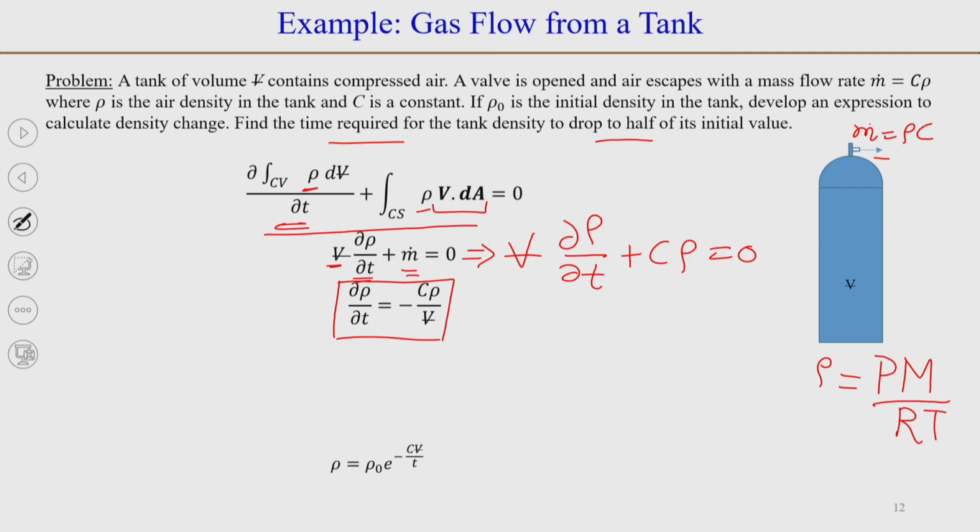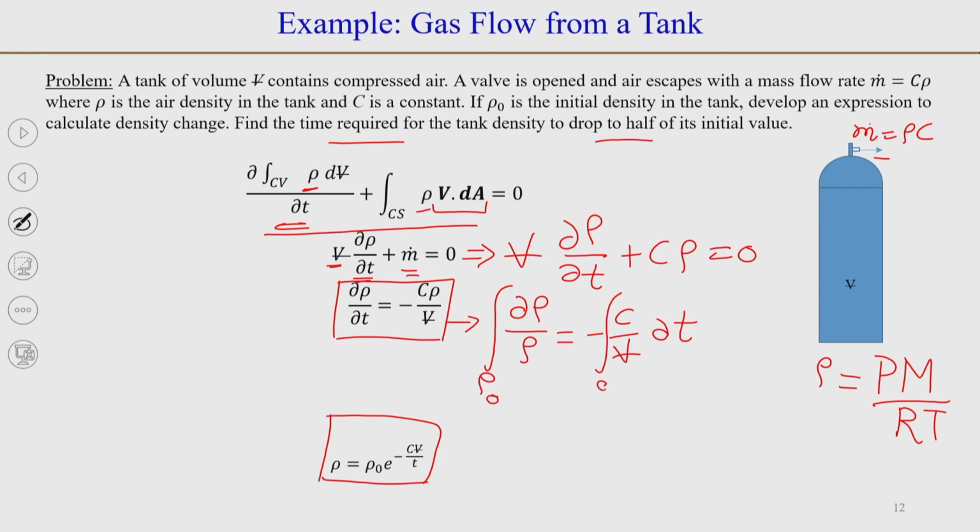Now, we can integrate this equation and we will get this final expression. So, let us integrate it. We reshuffle it and we get d rho over rho is equal to minus C by V dt, and we integrate, say, initial density at time t is equal to 0, rho is equal to rho 0, and then at time t it becomes rho.